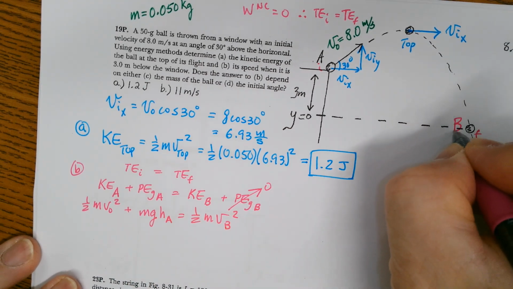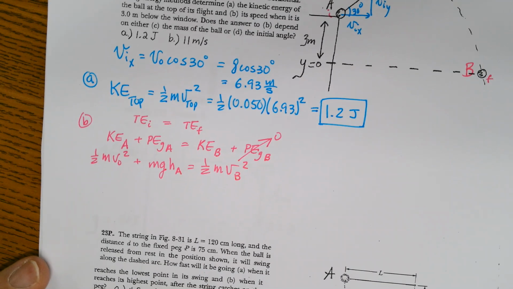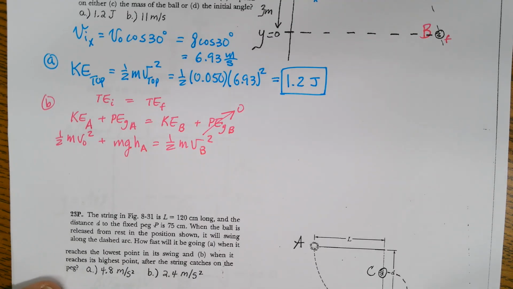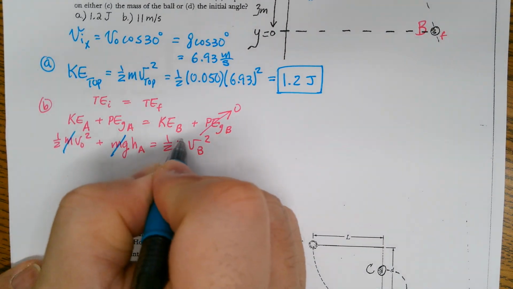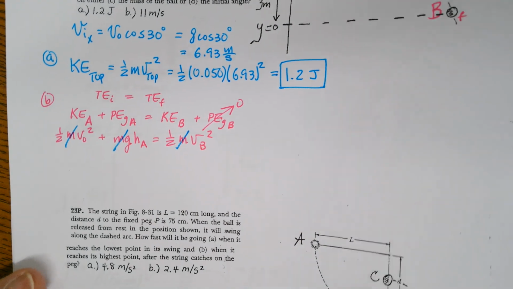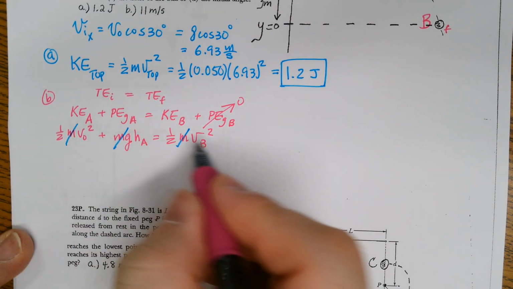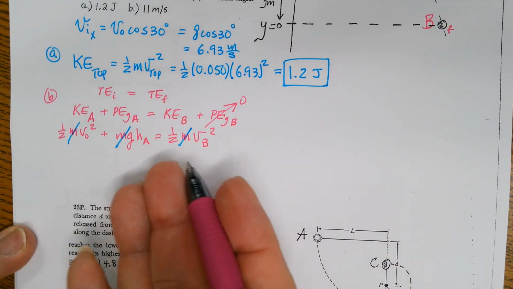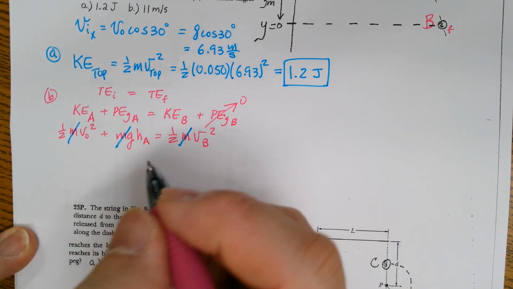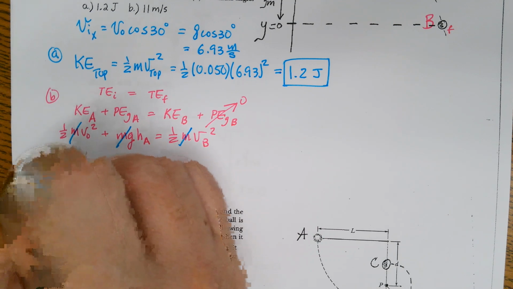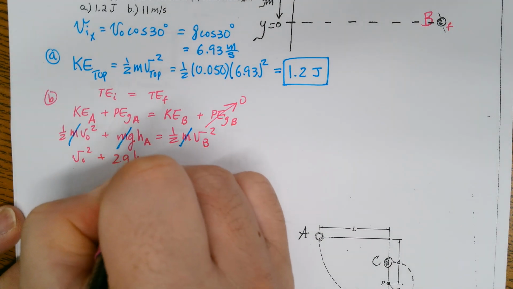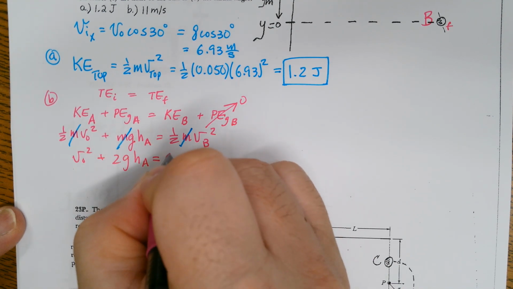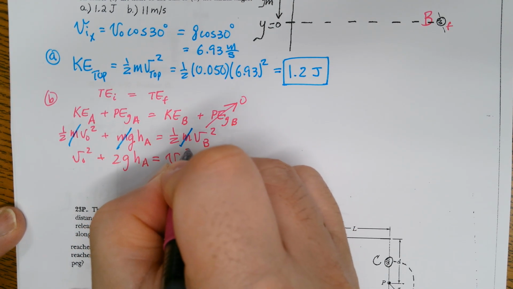This is B. So first things first, all the masses can cancel out nicely. And if I multiply 2 to both sides, guess what? I get the third kinematics equation, right? So v0 squared plus 2g hA is equal to vB squared.